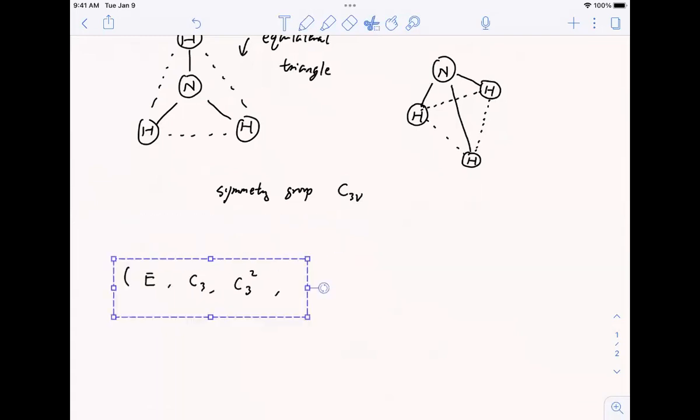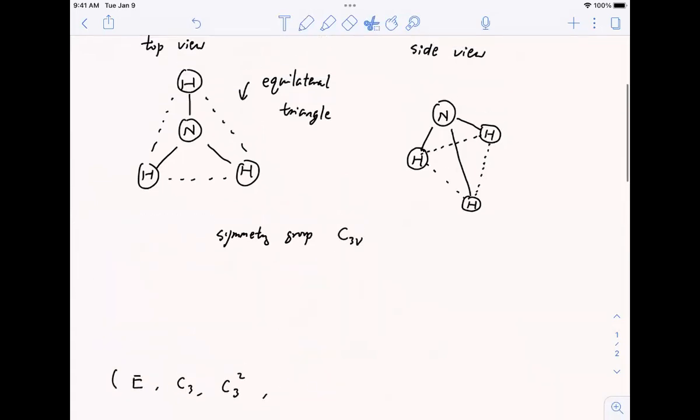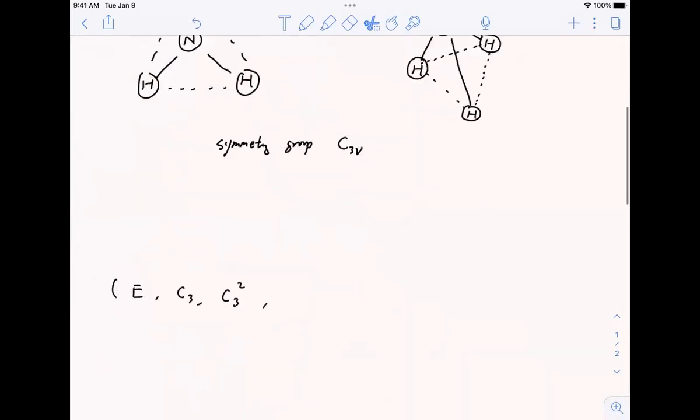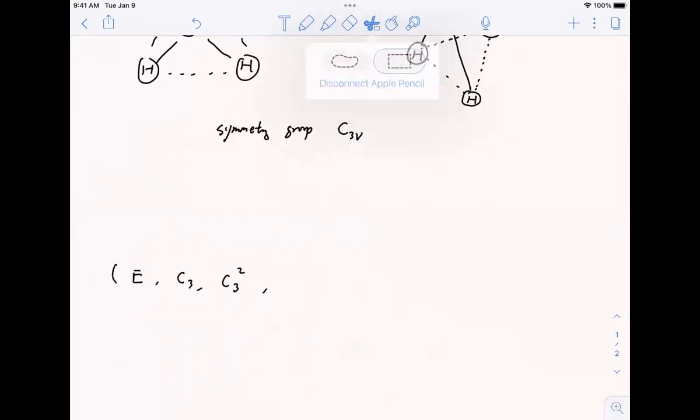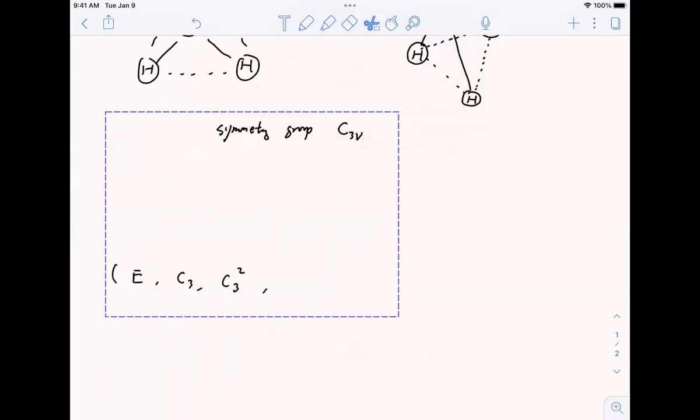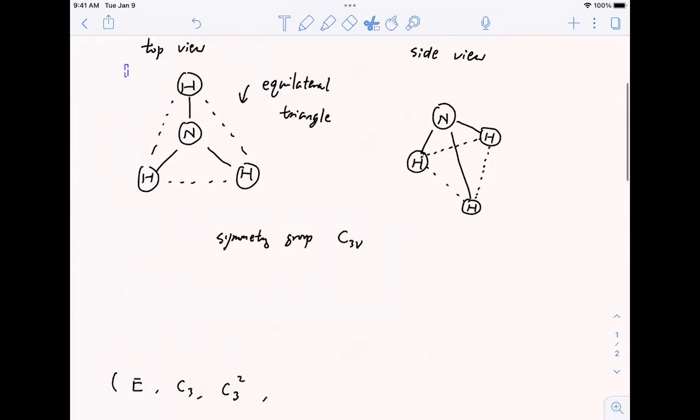Let me see how I should denote it. Okay, so let's do it like this. Let me copy this.